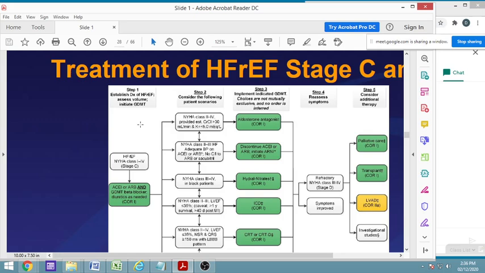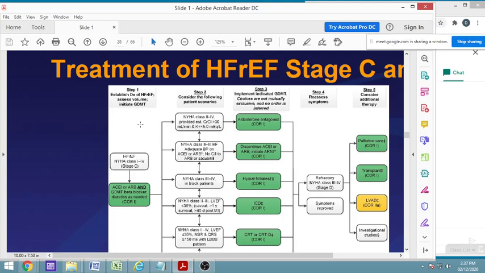Then if it is class 2 to class 3 heart failure, and the blood pressure is normal or adequately maintained when the treatment is given with ACE inhibitor or ARBs, and there are no contraindications to ARBs or sacubitril. What is sacubitril? Anybody?